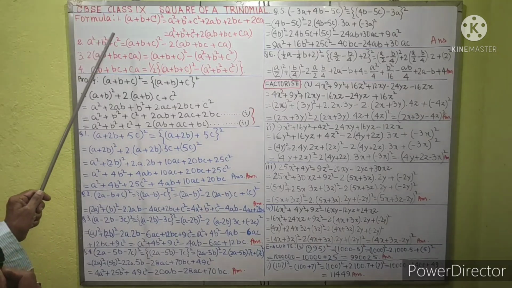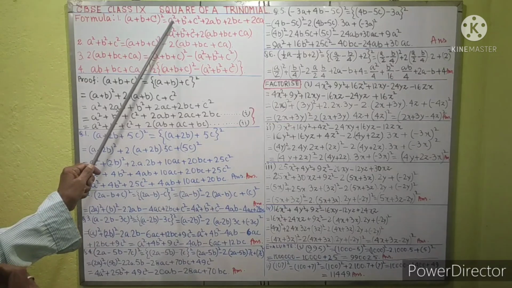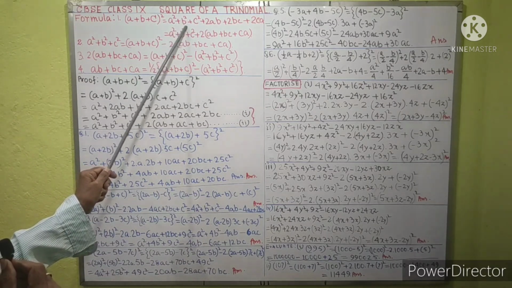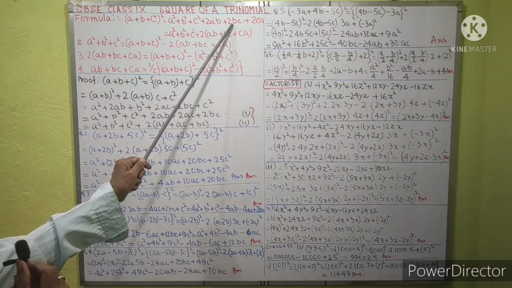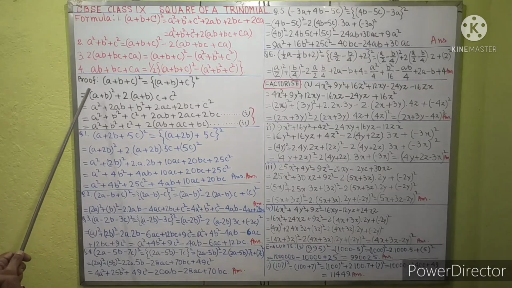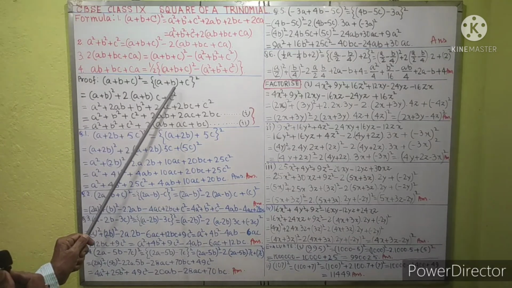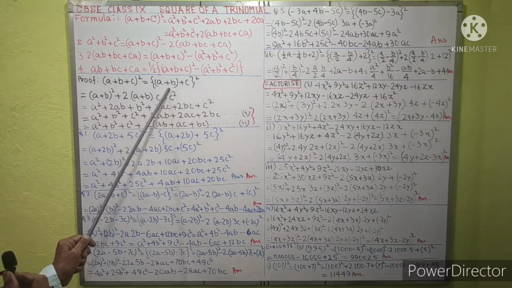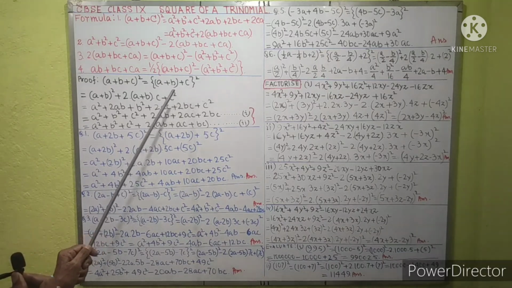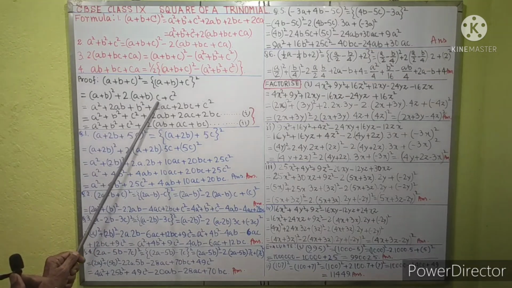Now, how is the formula (A + B + C) whole square equal to A square plus B square plus C square plus 2AB plus 2BC plus 2CA obtained? Here that has been illustrated. Taking A plus B at a time and then C, let this be A and this be C. Therefore this is (A + B) whole square, which is A square plus 2AB plus B square.